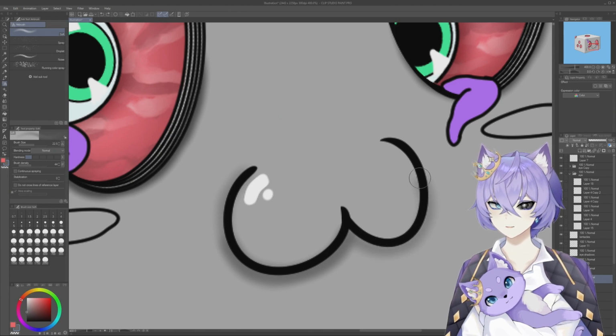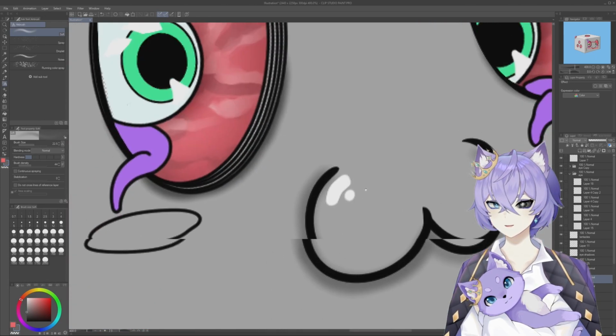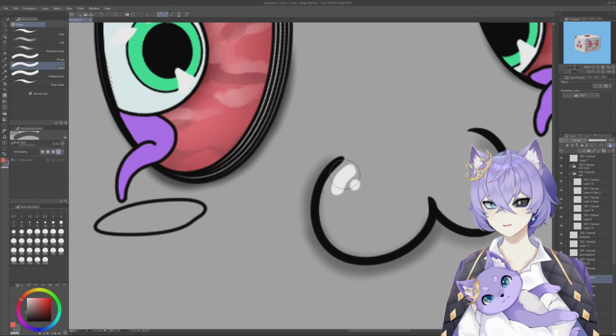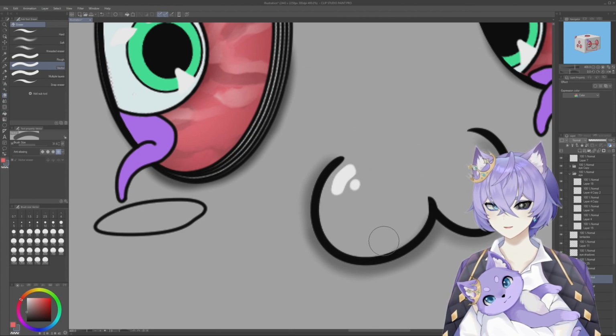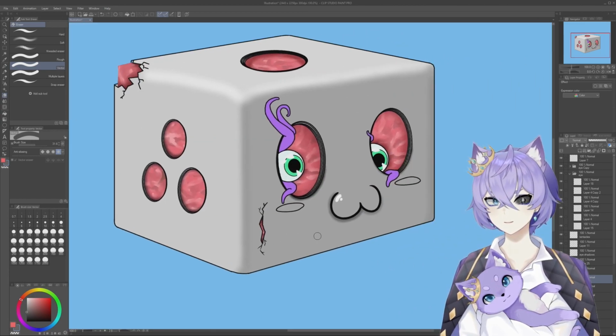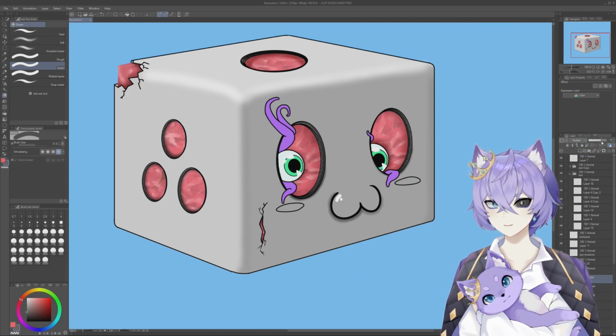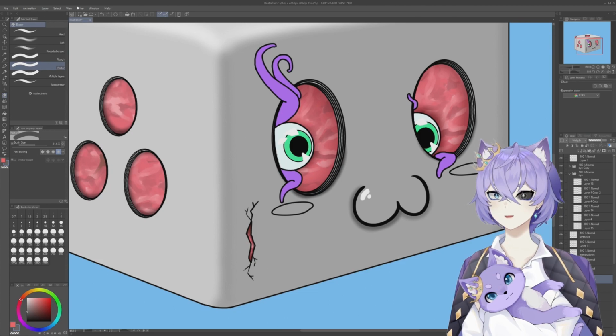And then back up. Okay. Take our eraser, erase the inside. Add a multiply. Have it blend in.